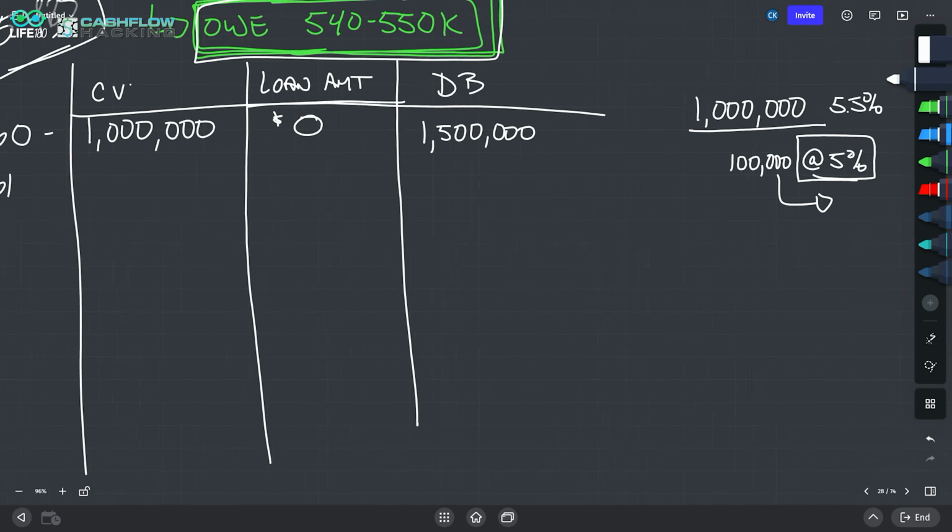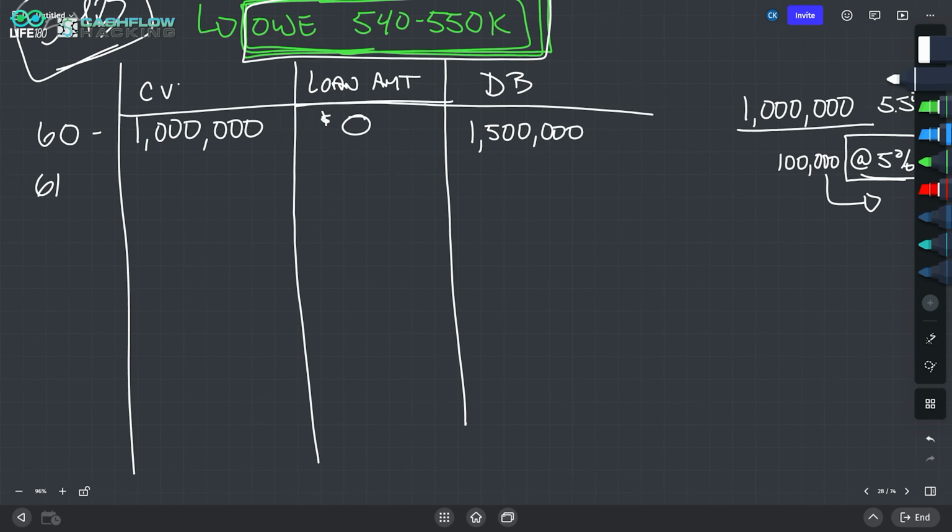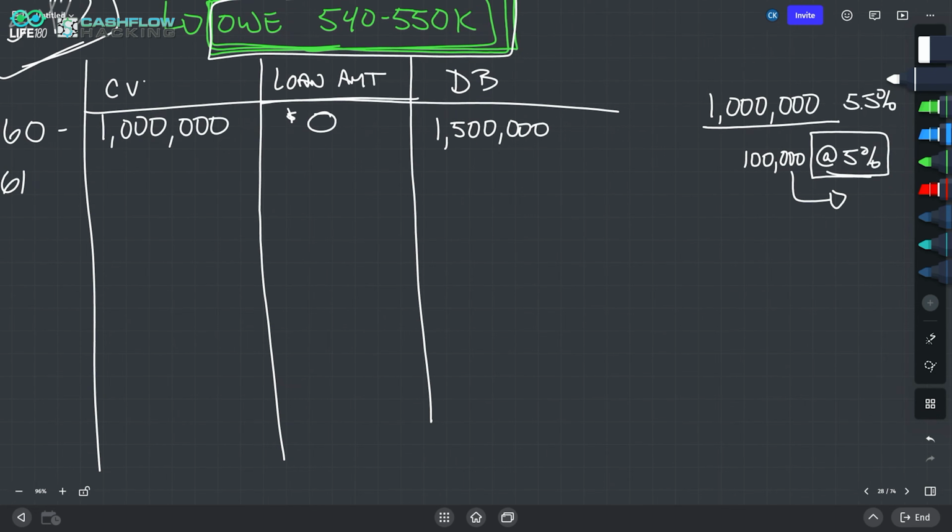And so at the end of the day, it's going to reduce your cash value, but it's not going to reduce it by the full amount, because you're going to have that positive growth in the policy. So we probably have 910,000 of cash value.